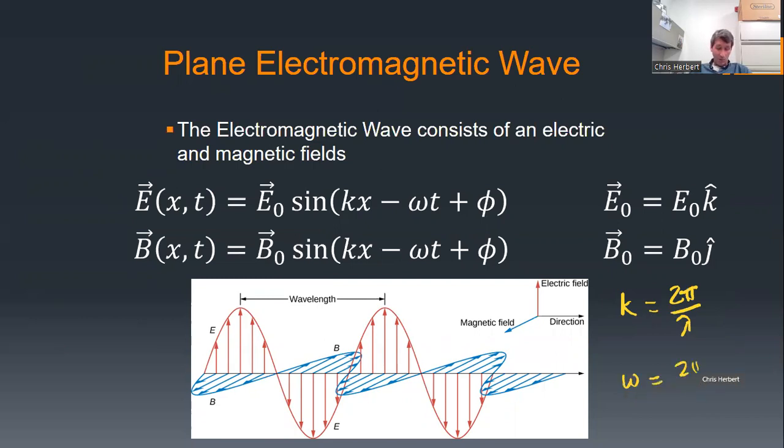Omega is 2 pi over the period. The bigger k is, the smaller the wavelength. The bigger omega is, the higher the frequency and the shorter the period. These are the important things to understand, because these go into the solution of the wave equation.